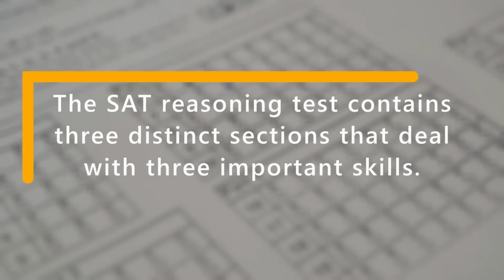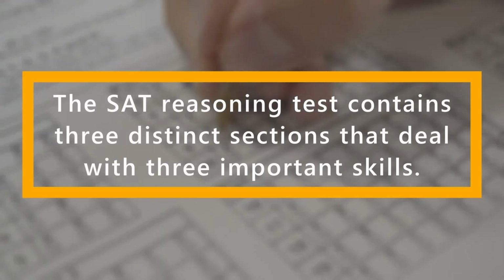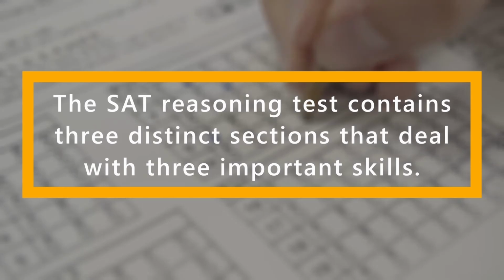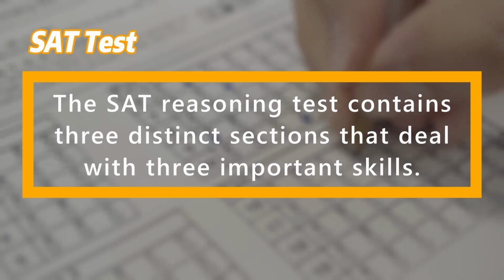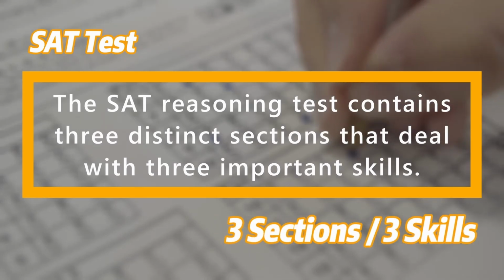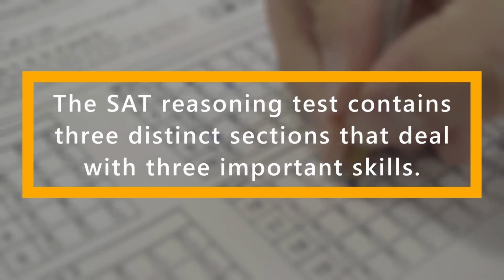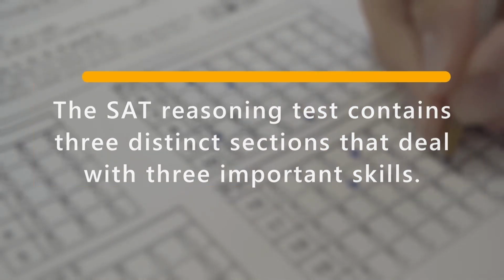The SAT reasoning test contains 3 distinct sections that deal with 3 important skills. I'll give you a moment. Where's the topic? Where's the controlling idea? The topic is the SAT reasoning test, and the controlling idea is 3 distinct sections, 3 important skills. It lets the listener know that there's more information coming on the distinct sections and the important skills.